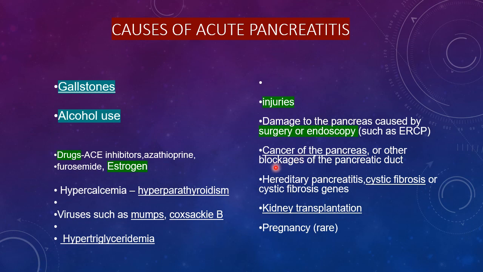Cancer and other blockages of the pancreatic duct can also cause acute pancreatitis. Then there are conditions of hereditary pancreatitis or cystic fibrosis genes that are underlying causes for acute pancreatitis. Kidney transplantation, even pregnancy, has been recorded as a cause of acute pancreatitis.